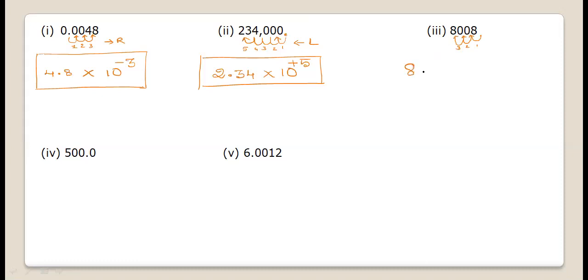As a result, the number will become 8.008, which is in the digit term range of 1 to 9.99, into 10 to the power of how many places you have moved, and towards the left hand side, as a result the sign will be plus, and how many places? 3 places. Hence it is 8.008 into 10 to the power of plus 3 in its scientific notation form. Next, the fourth value, it is 500.0.